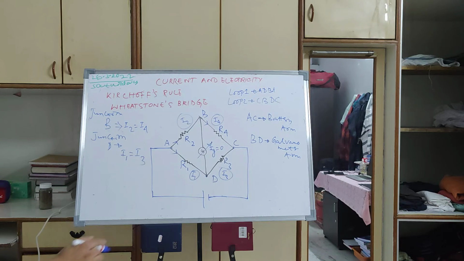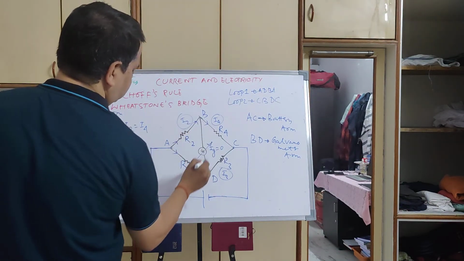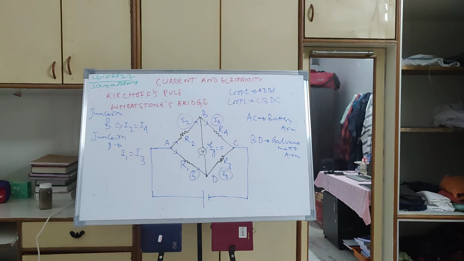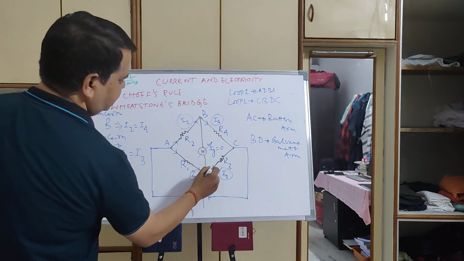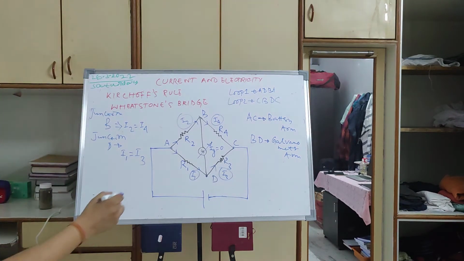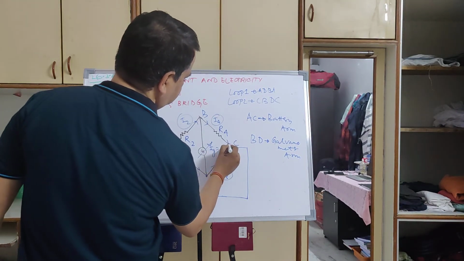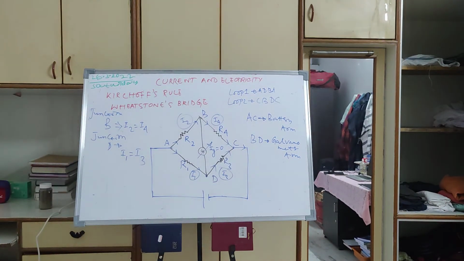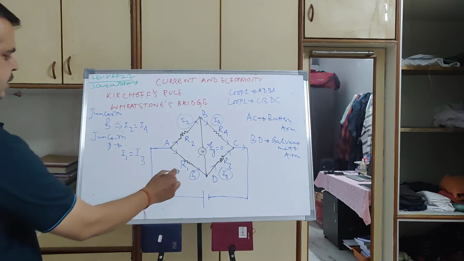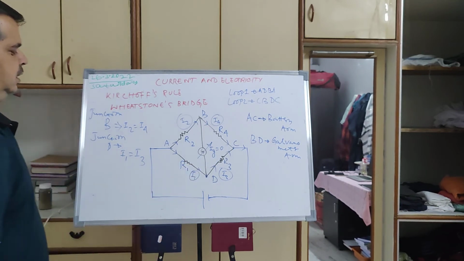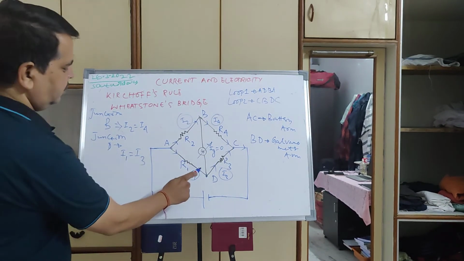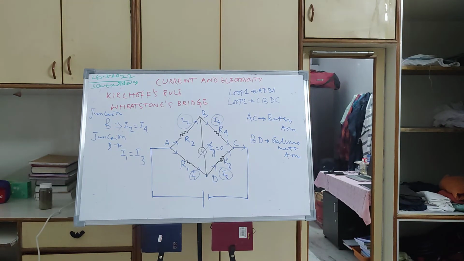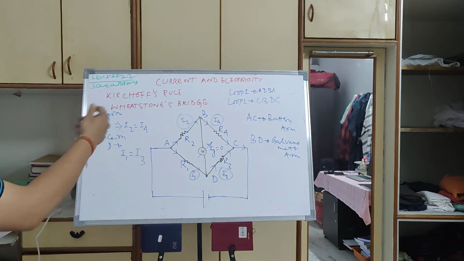So it will go like this, and finally these currents will go out like this. So you have got the direction of currents now. The one that goes through R3 will go in this direction, because it is coming in this direction. In this arm there is no current, so whatever is coming has to go out as per the junction. So you got the direction of current.